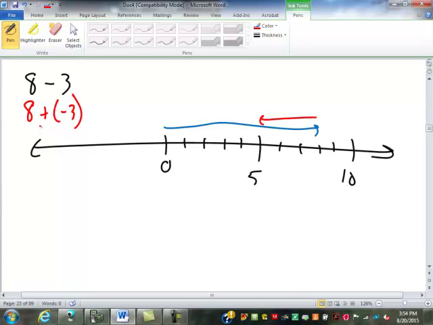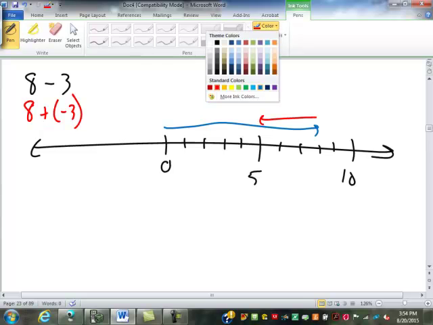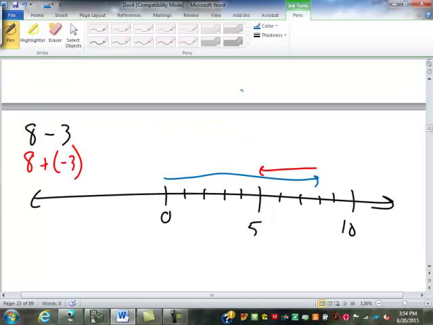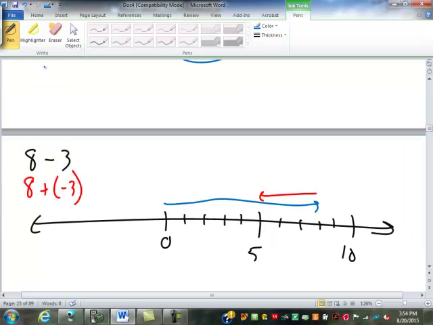The reason being is that subtraction, as we mentioned before, is not its own operation. Subtraction and addition are the same operation, just one's going forward and one's going in reverse. Subtraction can be defined in one of two ways. One of the simple ways is, 8 minus 3 is asking what number plus 3 equals 8.